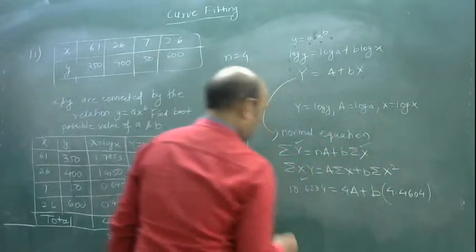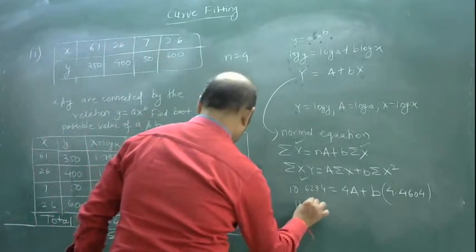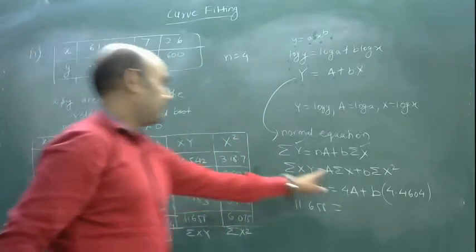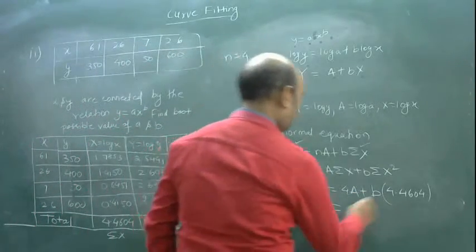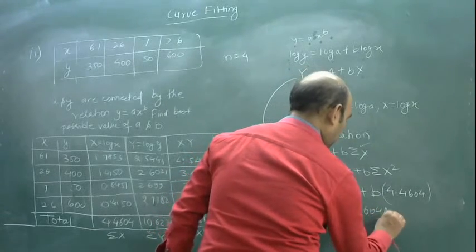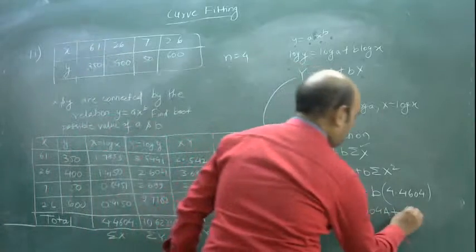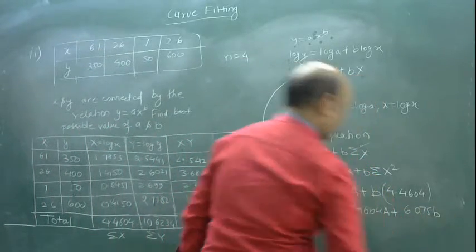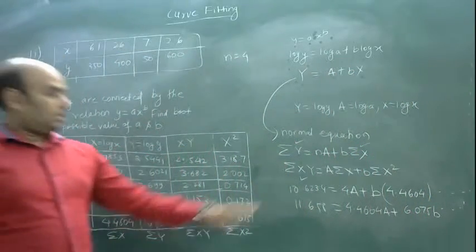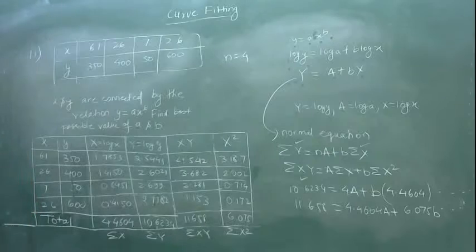Then summation XY is 11.658, equal to A summation X, which is 4.4604 A, plus summation X square, which is 6.075 b. So these are two equations in two unknowns, A and b. Calculate the values of A and b.